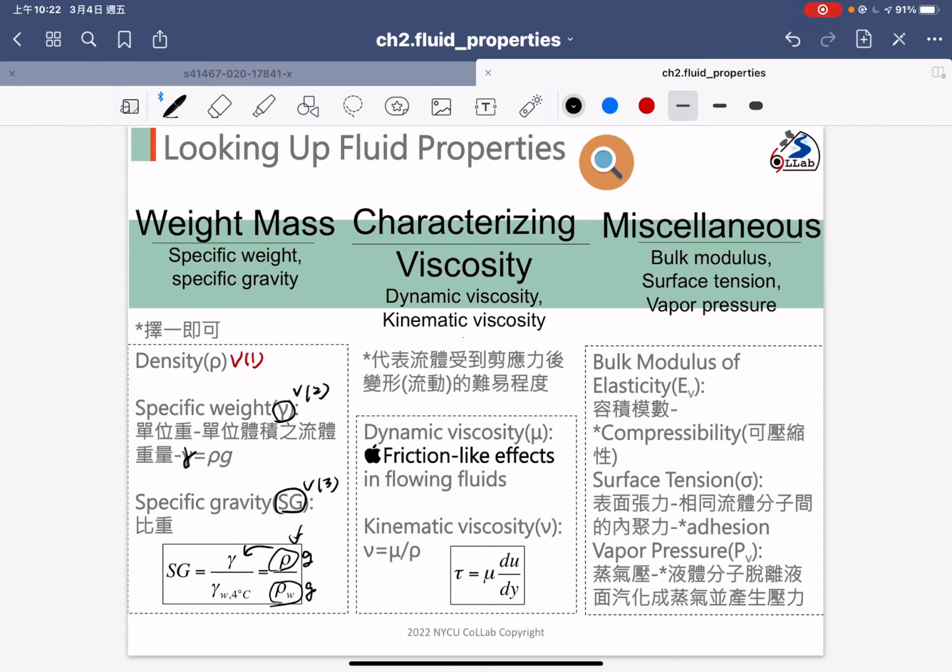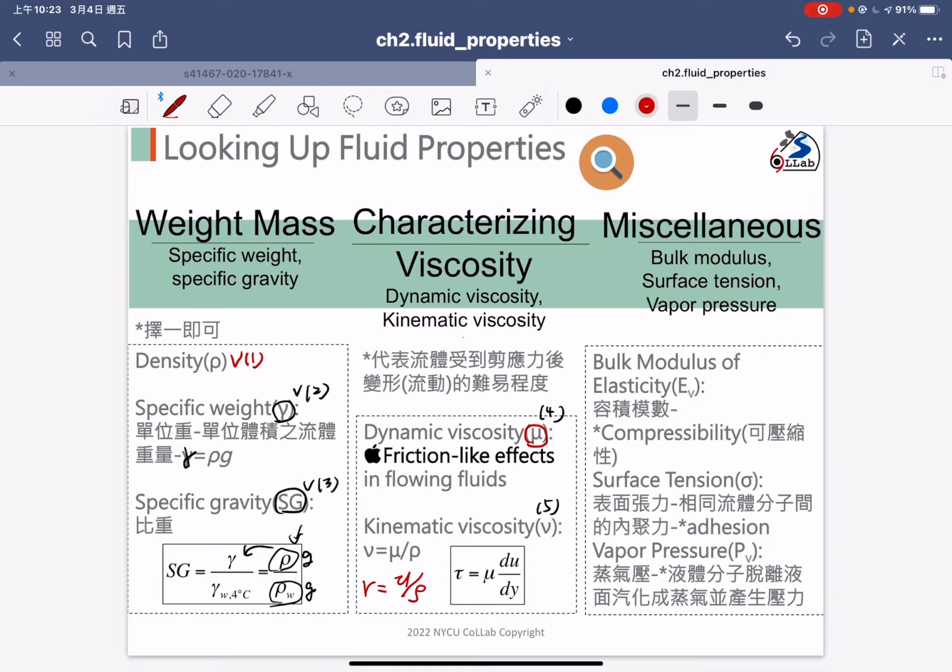The only difference is the kinematic viscosity is defined by the dynamic viscosity divided by the density. So mu is the dynamic viscosity, but here the kinematic viscosity is defined by mu divided by rho. So the one difference here is rho.